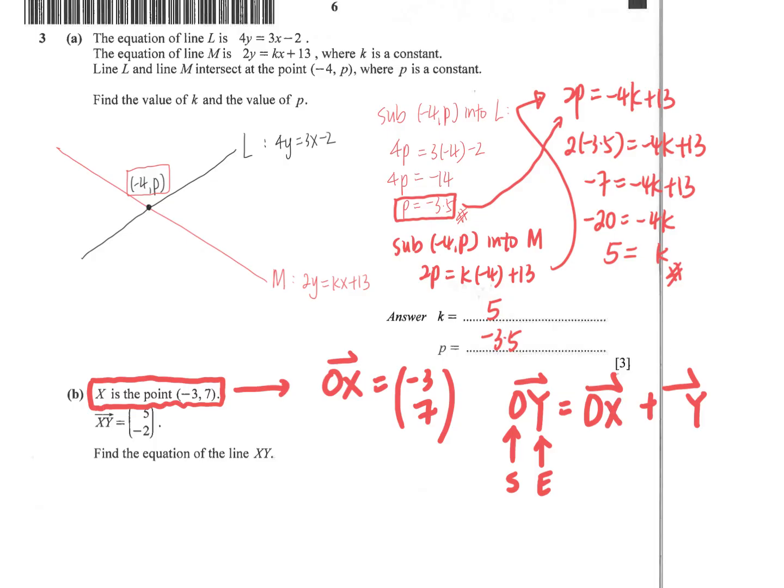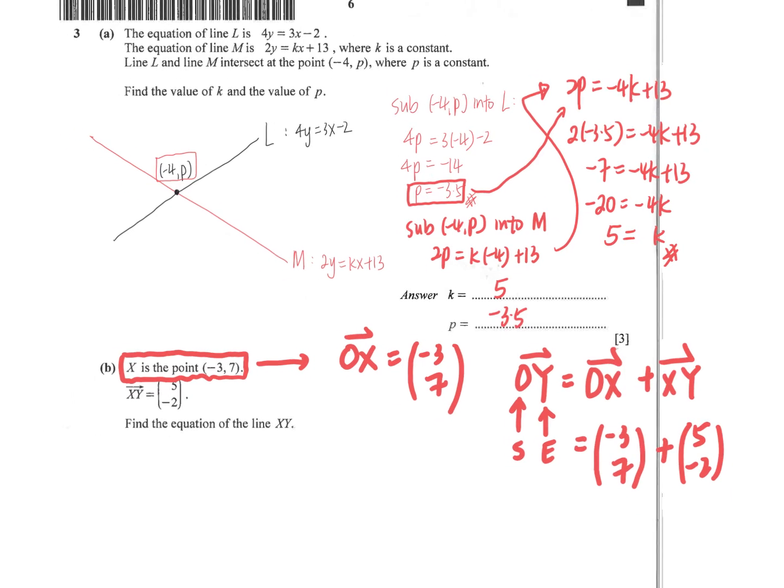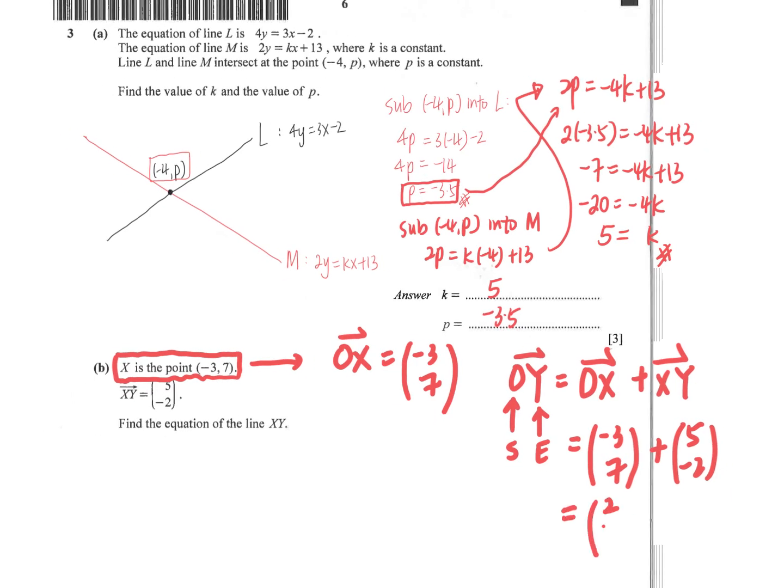X, right? So OX I already have is (-3, 7). XY is (5, -2). If you add them up, it's (2, 5). So this is your coordinate of Y. Coordinate of Y is (2, 5).